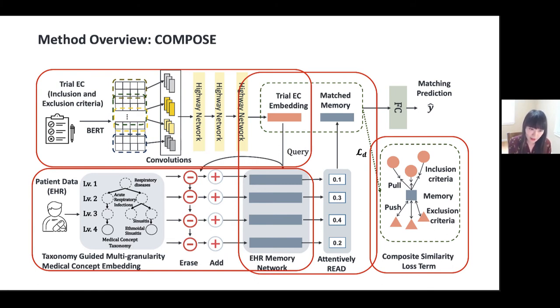Then we use a dynamic alignment and matching module to generate final output. Compose will embed two modalities of data from ECs and EHRs into a shared latent space. In particular, we use the EC embeddings as a query to read memories in the memory network. Finally, we use a cross-entropy classification loss and a composite similarity loss term to jointly predict matching scores.